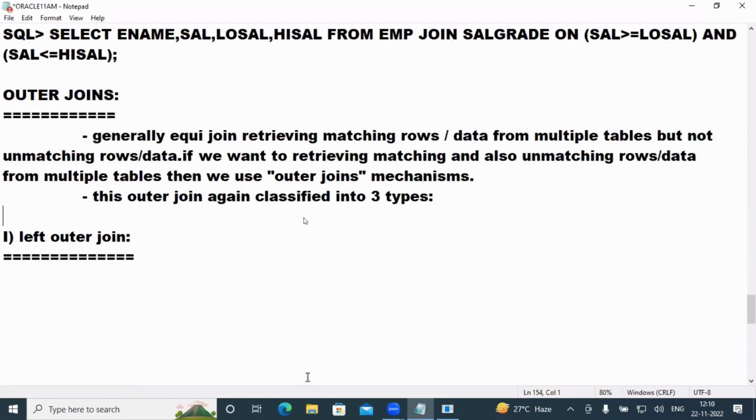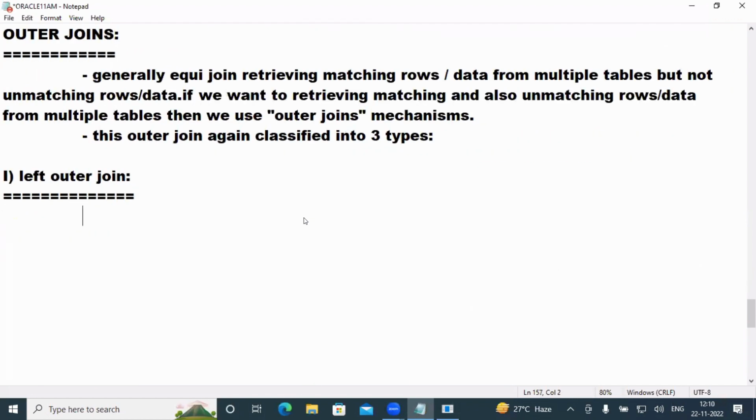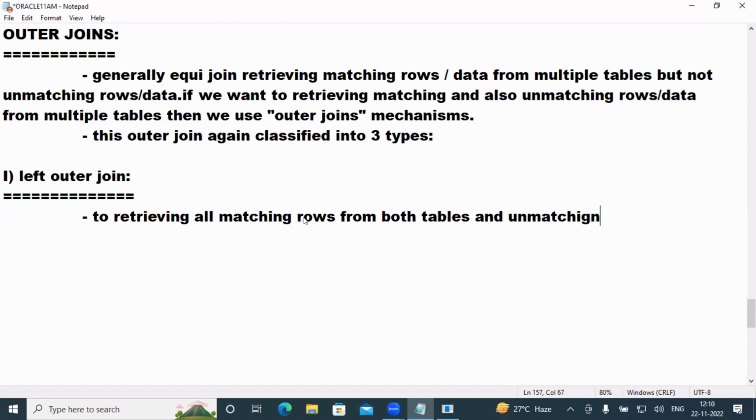Left outer join is used for retrieving all matching rows from both the tables, and unmatching rows from the left side table only.